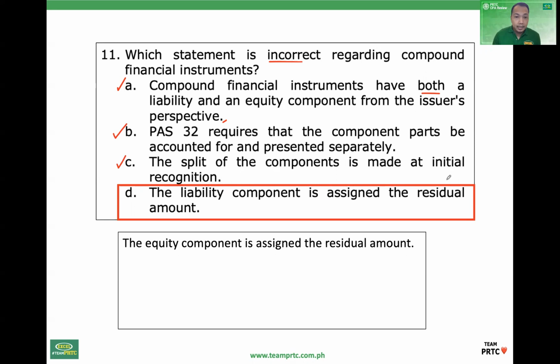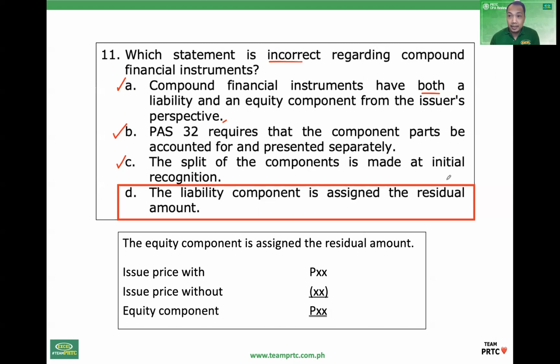That is the issue price with the equity component, so example, bonds together with the warrants, o kaya bonds with option to convert, minus without. So without the warrants, without the option to convert. With minus without, the difference, the residual amount, is equity.